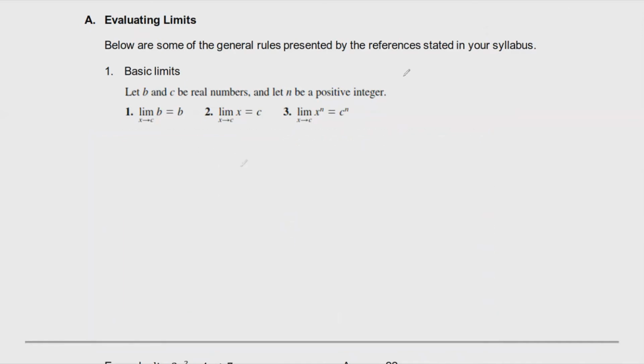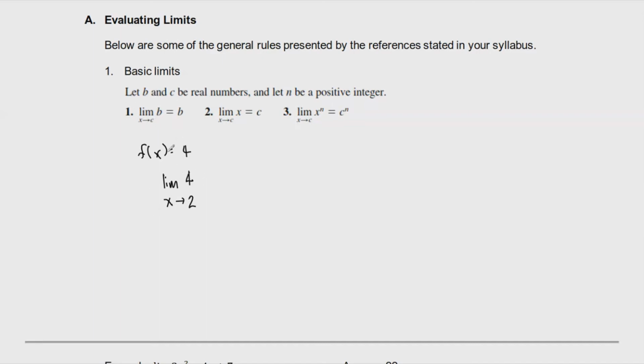If, for example, I have a constant function, say f of x equals 4, and I want to find the limit as x approaches 2.